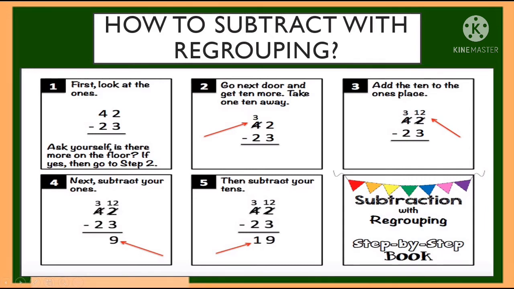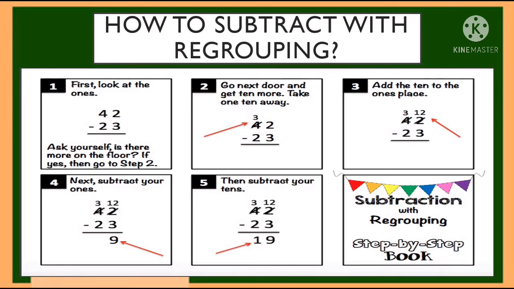Did you understand? Since this is in the tens place, we need to borrow 10. So this one is minus 10, so we only have 3. And then the other one that needs another 10 will become 12, because 10 plus 2 is 12.